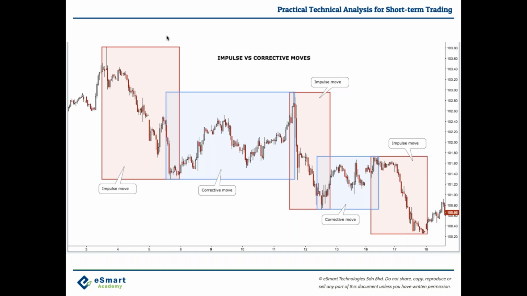Now at this point in time, the one thing I want all of you to really understand is being able to differentiate what is impulse and correction. If after attending the entire webinar all you can take away is how to differentiate impulse and correction, I can tell you this skill, the ability to differentiate this, is already very powerful.